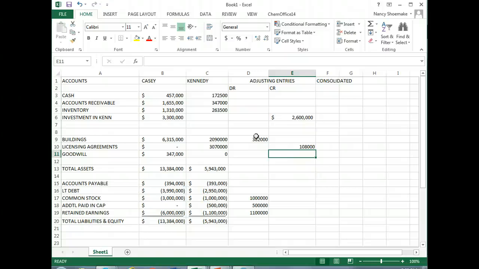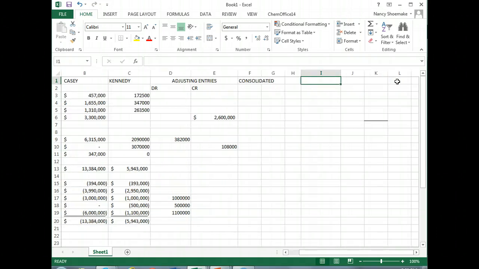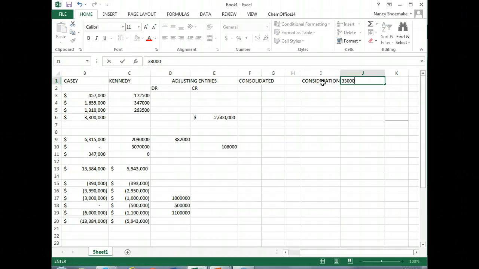Now, we need to figure out what the goodwill is in this company. So basically, how we're going to figure out the goodwill is we're going to take what we purchased this company for, which is how much? $3,300,000? Okay, let's just do this on the side. $3,300,000 is what we purchased it for. Consideration, $3,300,000, right?